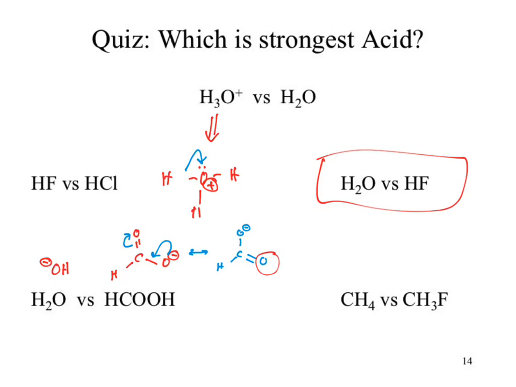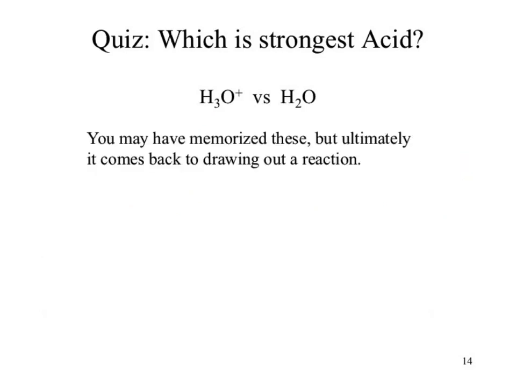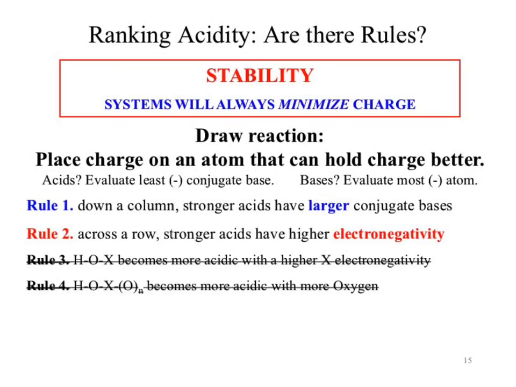When we move to the last one, now we can fully use an inductive effect. There is no resonance effect. There is no size effect. The reason why CH3F is a stronger acid is that fluorine withdraws electrons from the carbon, which then withdraws electrons from the hydrogen. If we go back and look at all the rules that you potentially learned, the first two are there. That's cool. Rule 3, which I always found irritating, HOX becomes more acidic with a higher X electronegativity.